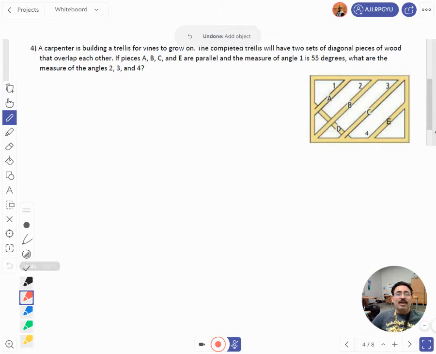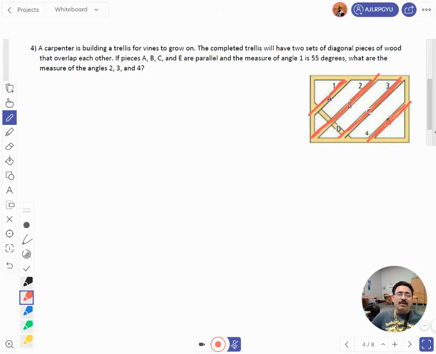Now, the diagonal pieces of wood overlap each other. If pieces A, B, C, and E, do you see that this is piece A and this is piece B and this is C, this is E. These are the pieces.